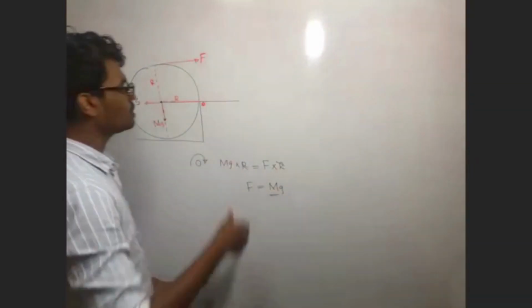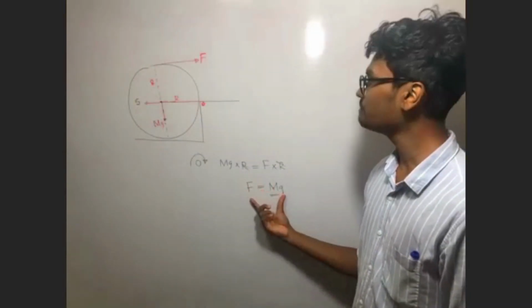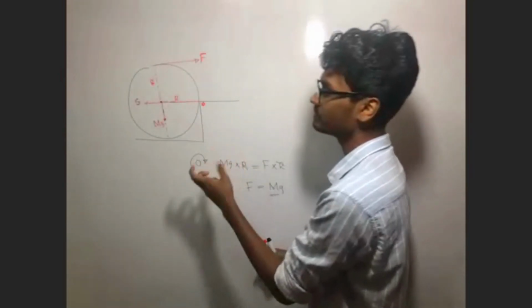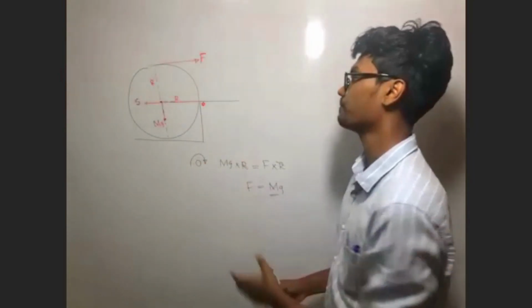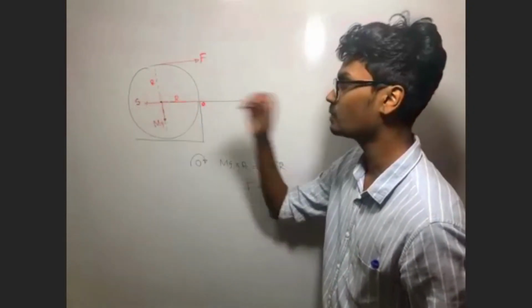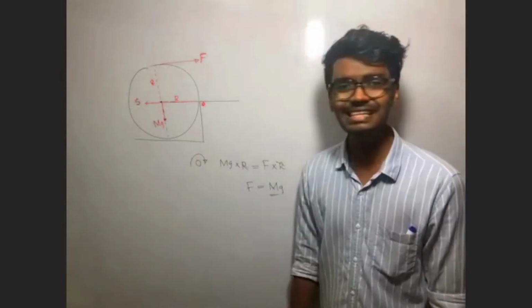You just have to apply a minimum force mg in order to shift this up. That's the minimum, where the equilibrium just breaks. Was it clear?